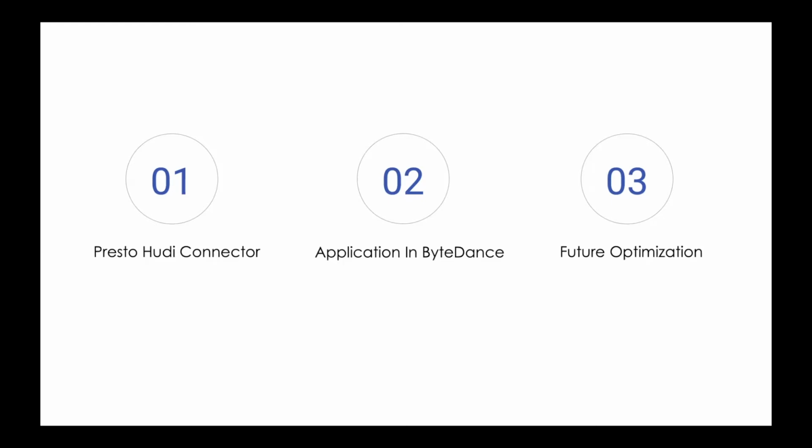In the second part, I will introduce Hudi Connector related applications in Bytedance, including our related optimization on the Presto side. In the third part, I will list some of our future optimization plans.